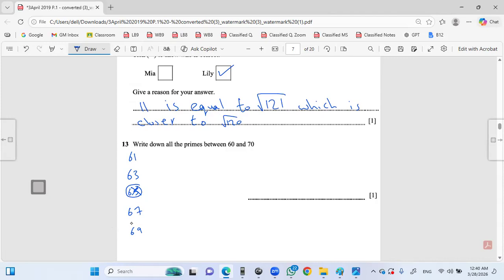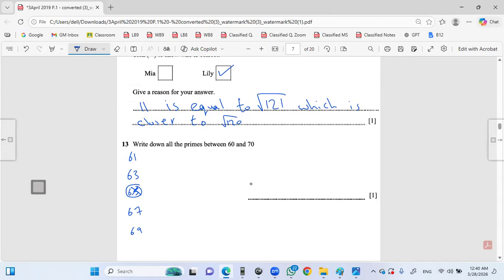If they're not divisible by 3, then write it. It is prime. So again, the first step to get the prime numbers between anything is to eliminate the even numbers. After that, eliminate the multiples of 5. After that, eliminate the multiples of 3.